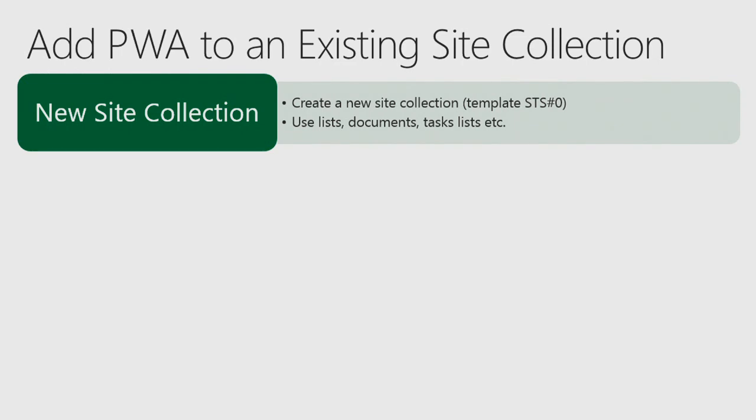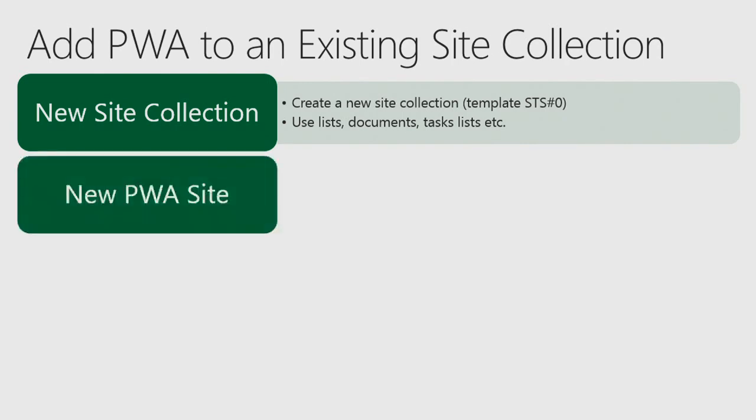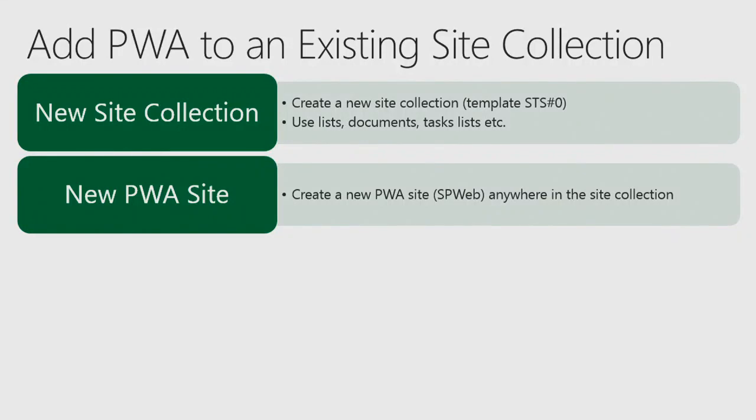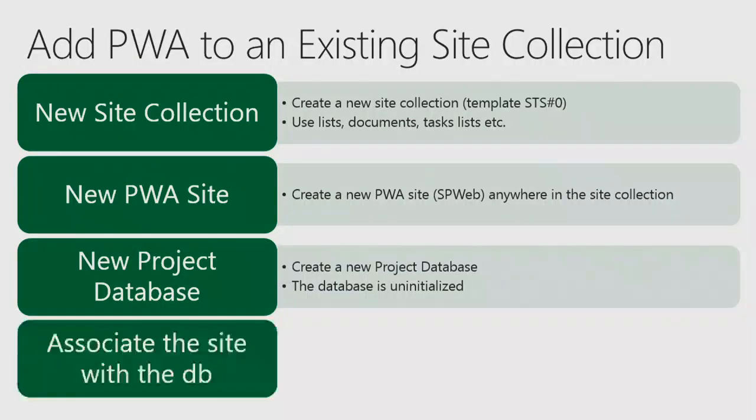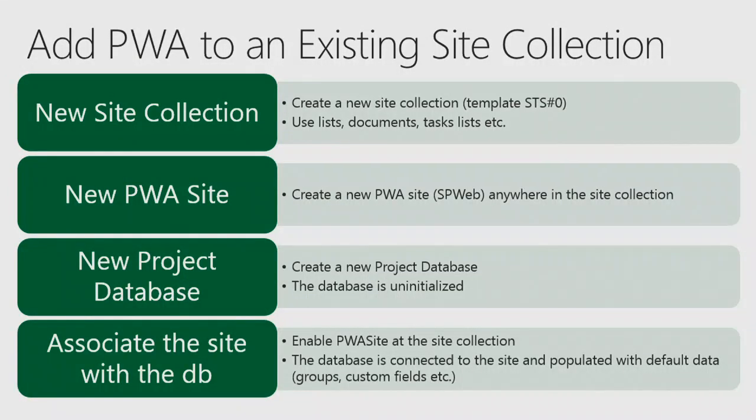You create a new site collection, and you notice the template STS#0. It's a team site. You use it, you create workspaces, lists, documents. Then you want to add Project, so you create a new PWA site with New-SPWeb using the PWA#0 template, then create the same new project database and associate them by enabling the feature.